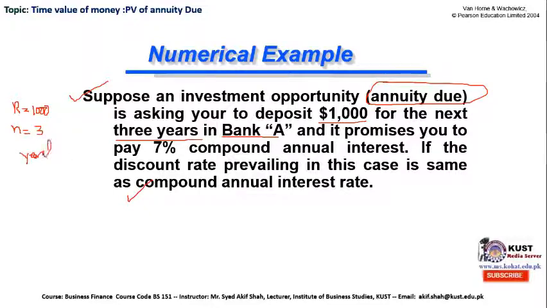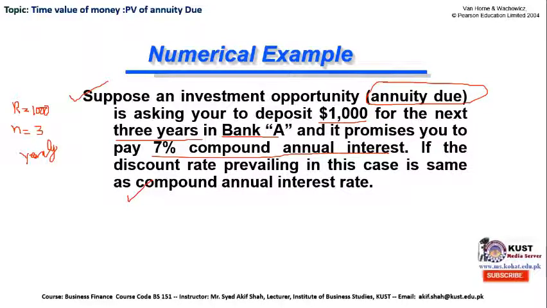So at the start of each year, we are going to invest $1,000 in this bank account, which is an annuity due. And this investment promises you 7% compound annual interest rate.